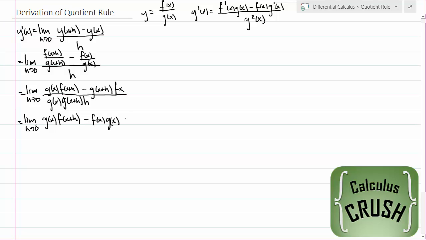And if I subtract that, I need to plus it. And then our last term, which is g of x plus h times f of x. So I forgot the brackets up here. And this is divided by g of x times g of x plus h times h.